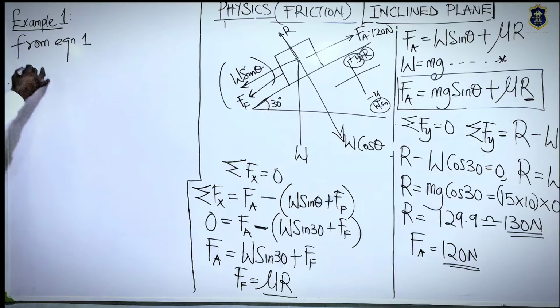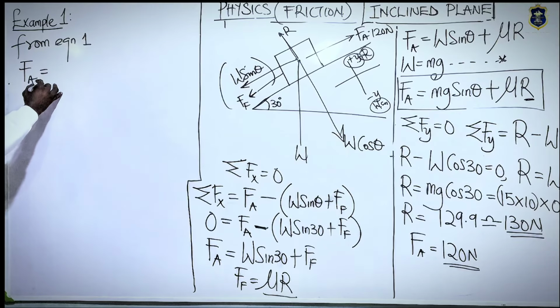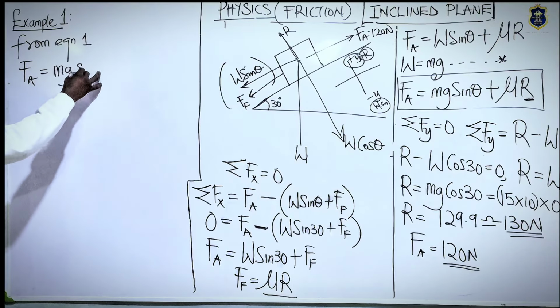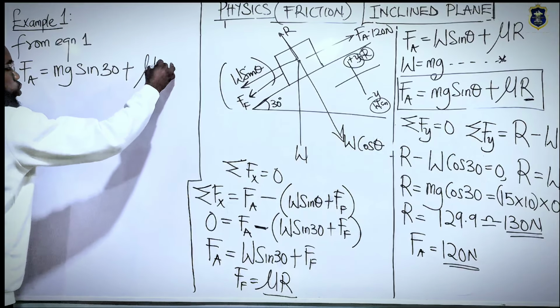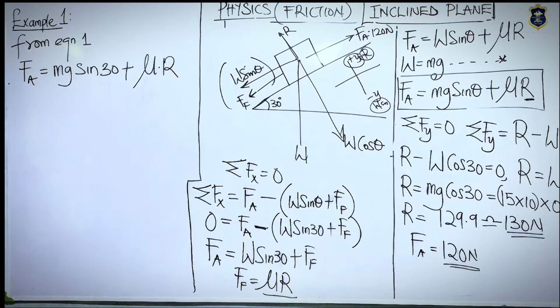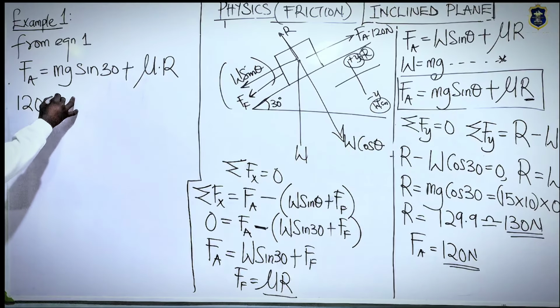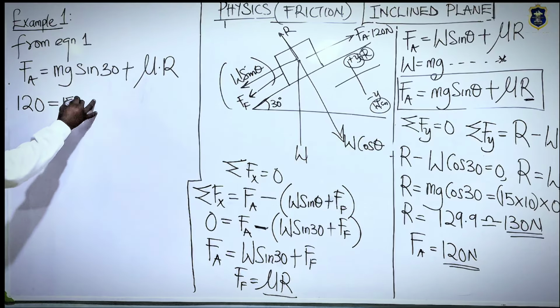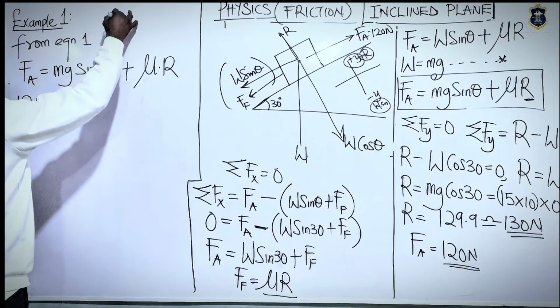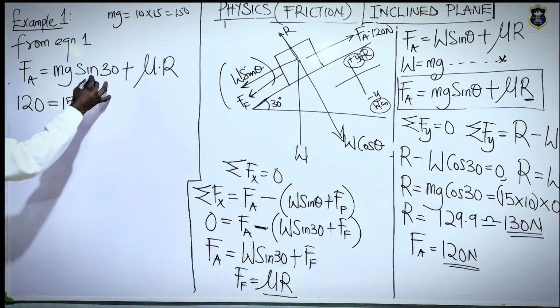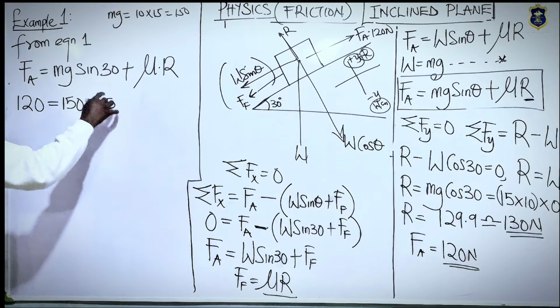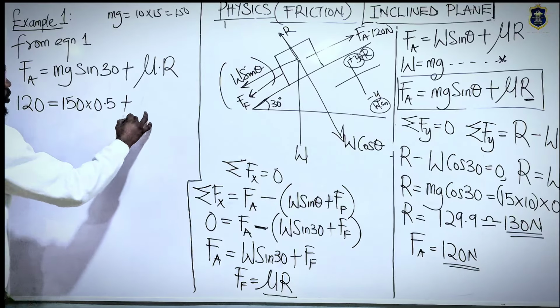So with that, from equation 1, which is FA is equal to mg sine 30 plus mu R, if we start substituting, FA there is 120, which is equal to mg, which is 150, because mg is simply 10 times 15, that's 150. So 150 sine 30, which is times 0.5, sine 30 is 0.5, plus mu.